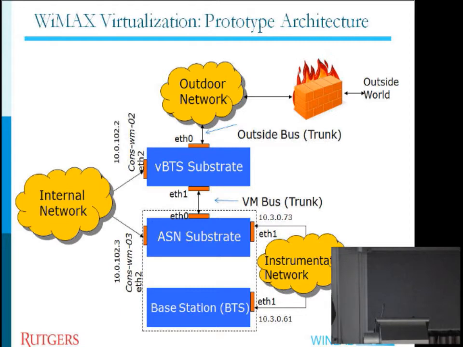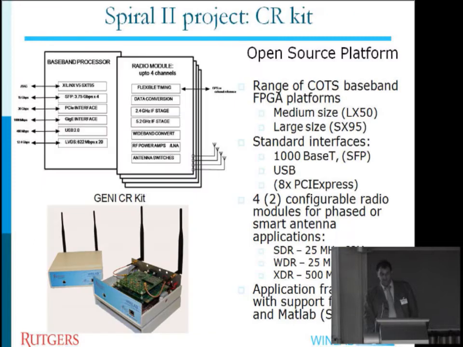Then, of course, we have the virtualization substrate, where we divide a physical machine into a bunch of virtual machines and give each experimenter access to one of those, as if it were a base station controller in its own right. You will hear way more about that later on from Gautam. If you have any questions on the WiMAX virtualization, we can go into all sorts of details later.